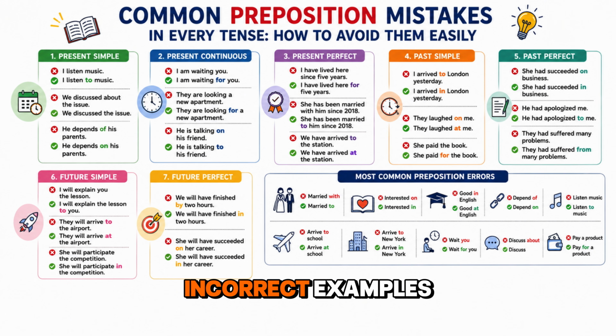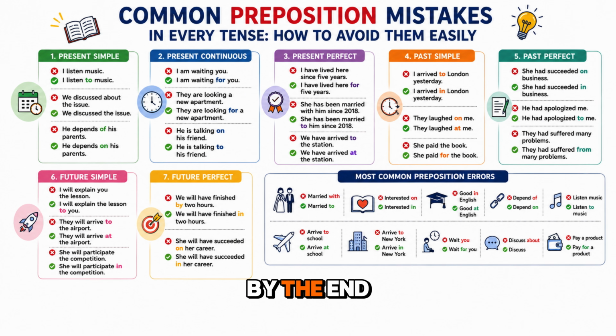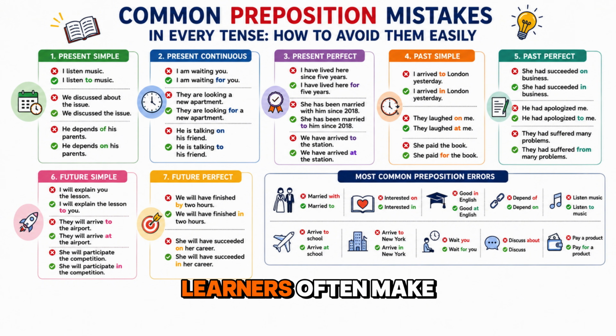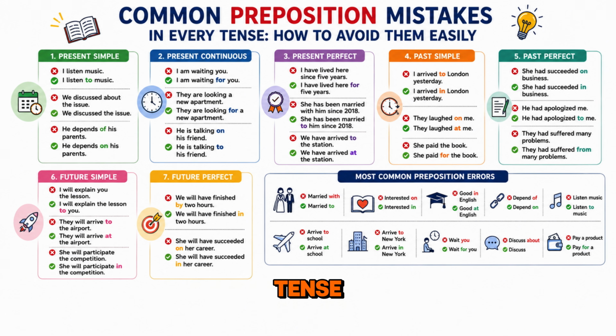We'll look at incorrect examples, learn the correct versions, and understand why they work. By the end of this lesson, you'll be able to avoid many of the mistakes that even advanced learners often make. Present simple tense. Let's begin with the present simple tense.